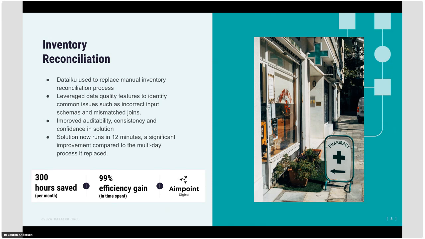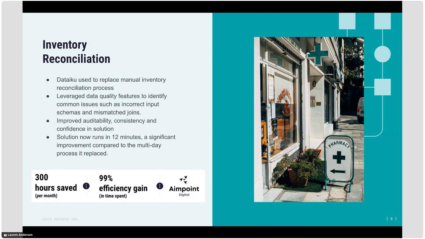Ultimately, the benefits of this were improved auditability. I can never say that word very well. Consistency and confidence in the solution. And it also led to a much more expedited process compared to the manual process they were using previously. The solution now runs in 12 minutes, which was a significant improvement for that client, whereas the manual process previously was a multi-day effort.